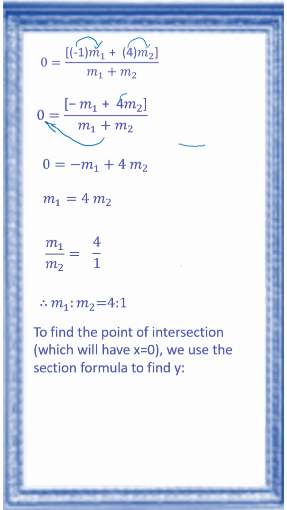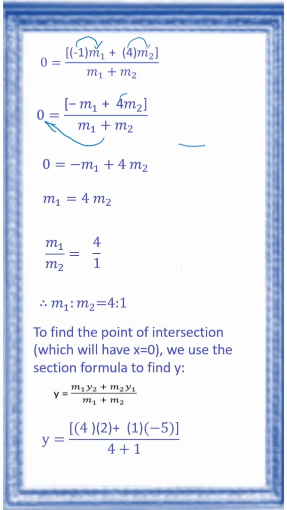To find the point of intersection, which will have x equal to 0, we use the section formula to find y. That is, y is equal to (m1 y2 plus m2 y1) upon (m1 plus m2). Here m1 is 4, we have just found it out, y2 is 2, m2 is 1, y1 is negative of 5, over 4 plus 1.